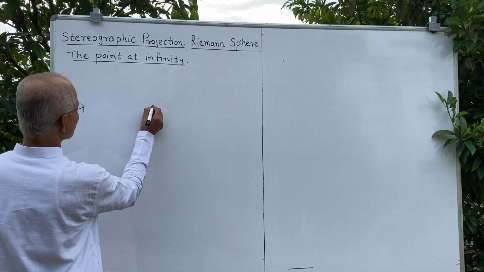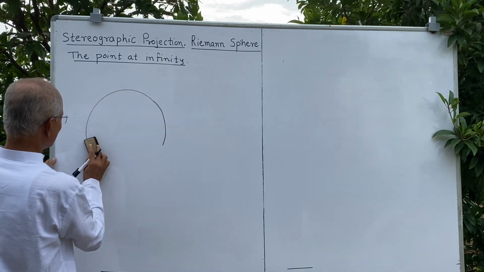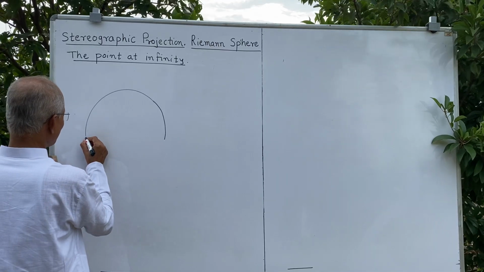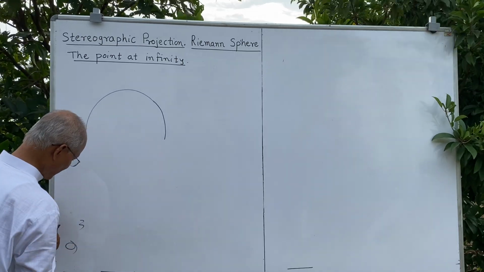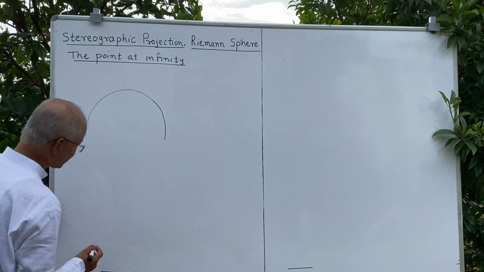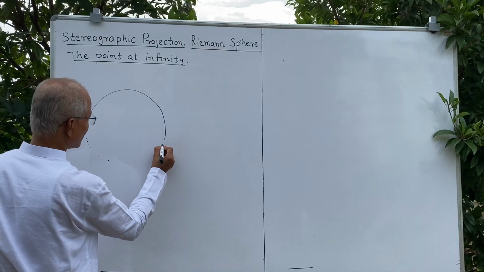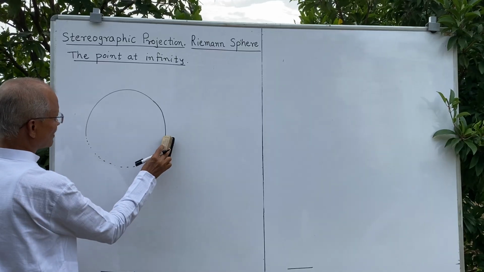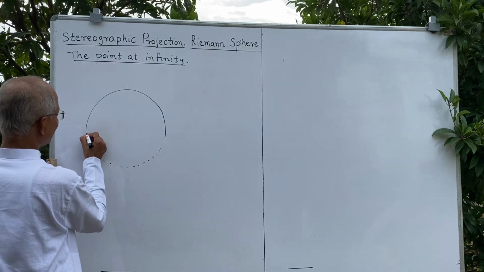Suppose this is the unit sphere, and because it is a sphere, we shall show the upper hemisphere by a dark line, and the lower hemisphere by a dotted line. And see, this will be the equator of the sphere.